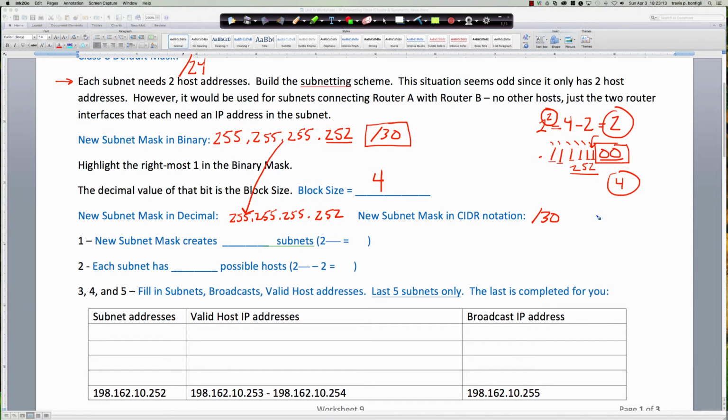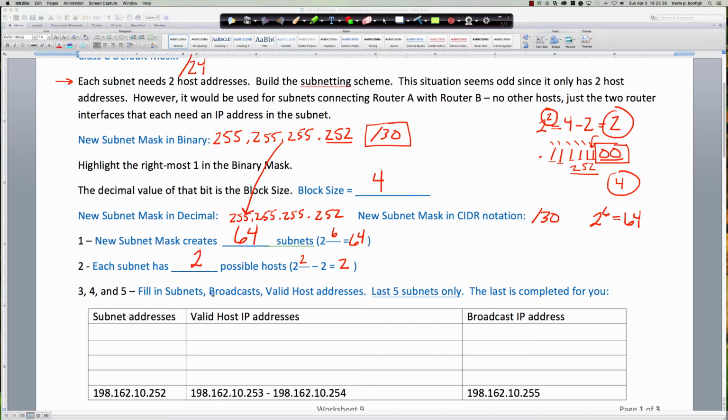Well, 6 of those bits is going to be 64 subnets, right? So 6 subnet bits have been borrowed, so we get 2 to the 6 is equal to 64. And each of those 64 subnets will have 2 usable IPs because 2 to the 2 minus 2 is 2.